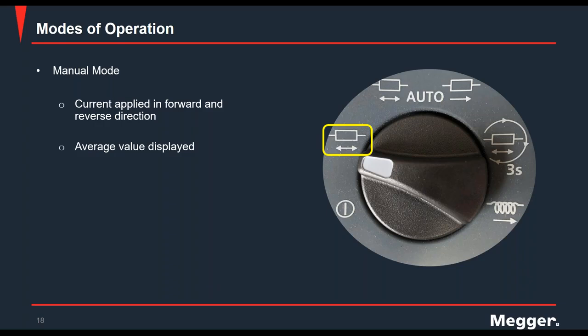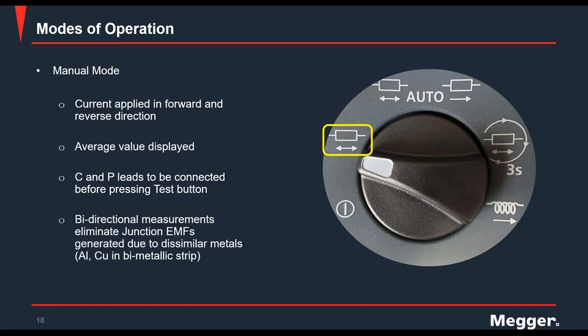Once that current is applied and the voltage value is measured, the resistance is calculated and the average value of the resistance for each direction is then displayed. And why is that done? Before we go into that, the current and potential leads have to be connected before pressing the test button. And why do we make bidirectional measurements?